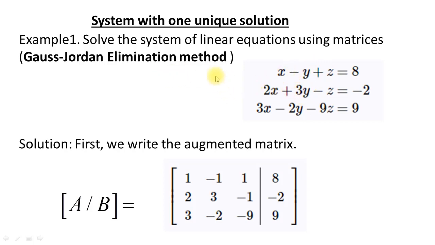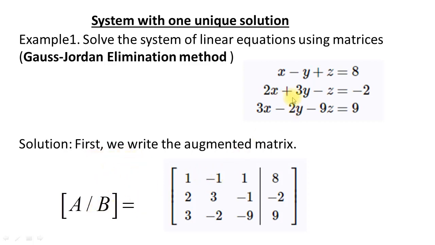Now we are going to solve this system by Gauss-Jordan elimination method. First of all, reduce this augmented matrix into echelon form, and then reduce the echelon form to reduced echelon form. So first of all, take the augmented matrix.